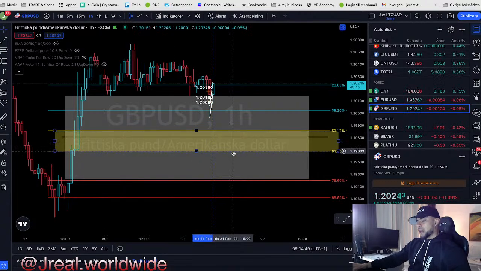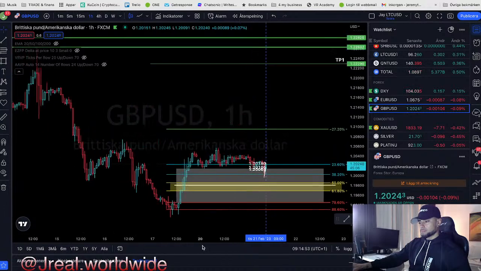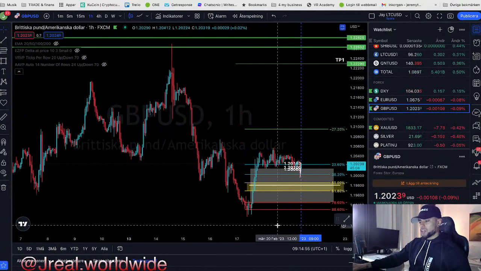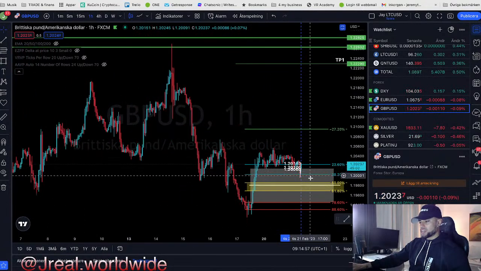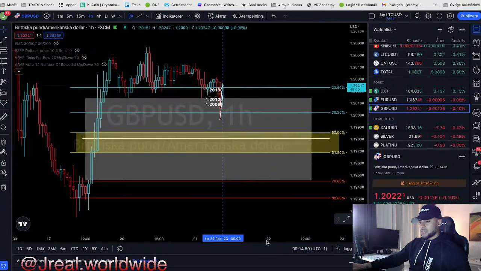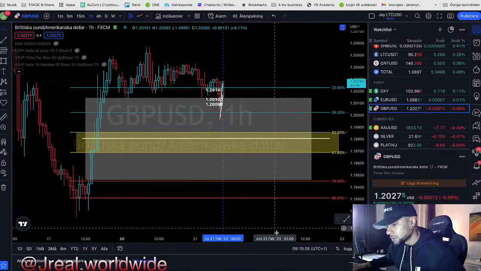So I would argue that on a smaller time frame, we might see a little retrace here and see the market come here and clear some liquidity inside of this liquidity zone. All right.